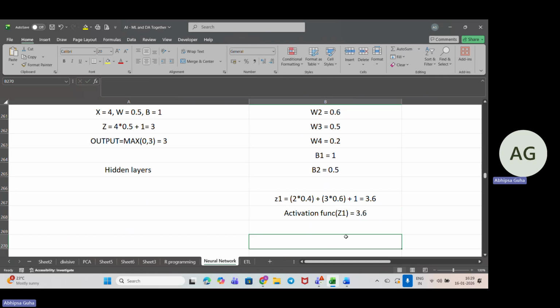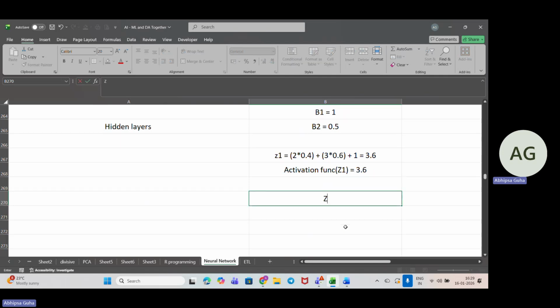Now coming down to the hidden neuron 2, that is Z2, that will be coming out as 2 into 0.5 plus 3, the input, into 0.2, that is the weights that we have taken, plus the B2 we have taken 0.5, so we will be adding that.